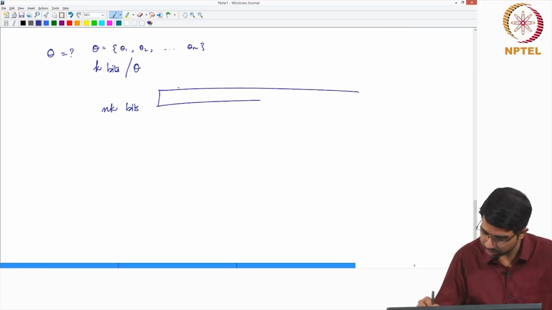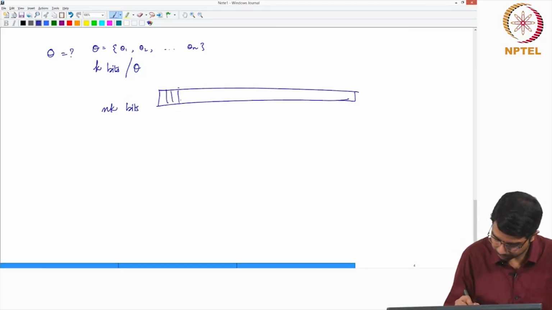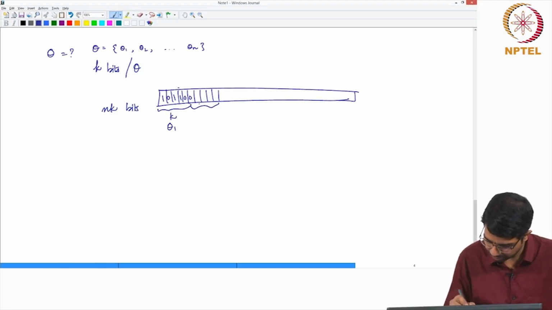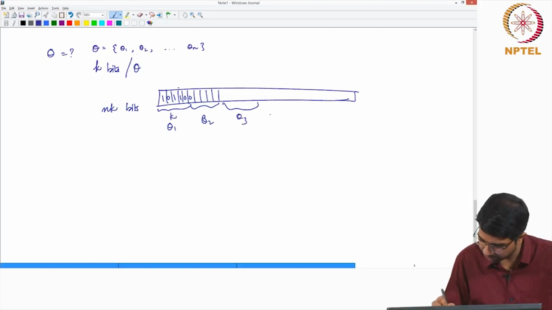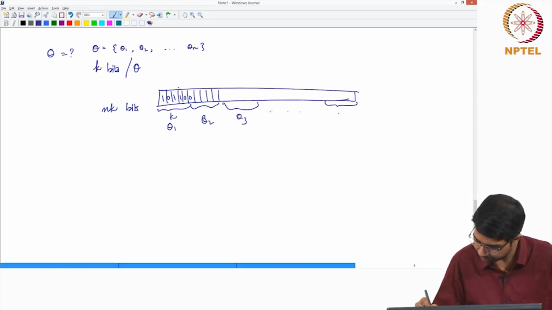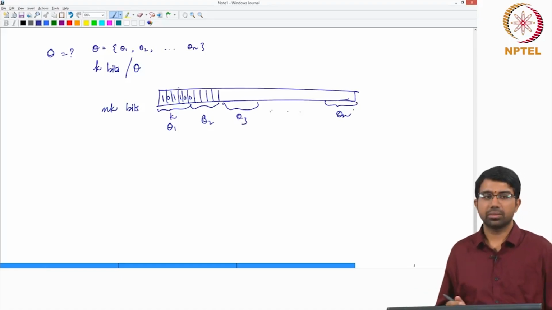So, you will have a long bit string. The first k will be theta 1, the next k will be theta 2, the next k will be theta 3, up to theta n.